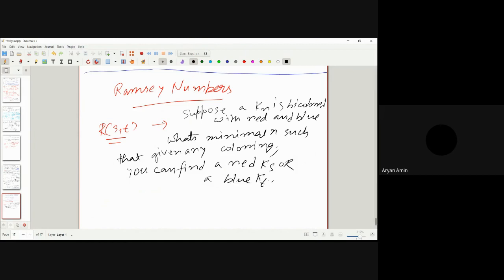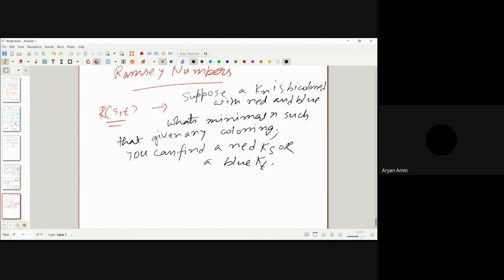So this is basically the definition of Ramsey numbers. I think I defined them right. So it's the minimal n such that whenever you have any bicoloring in red and blue, you can find a red KS or a blue KT, right?